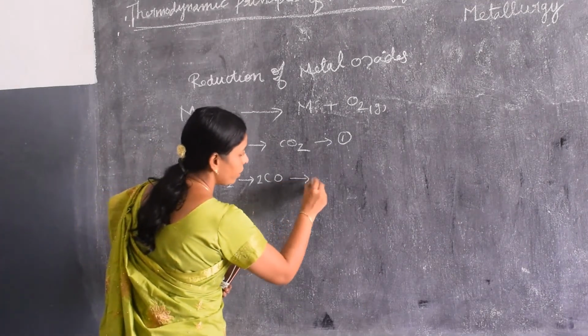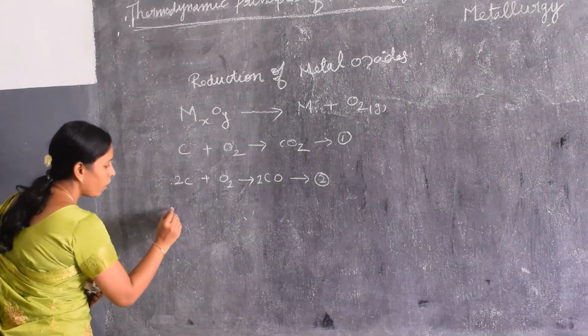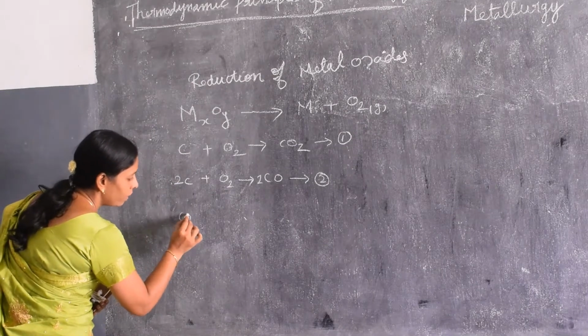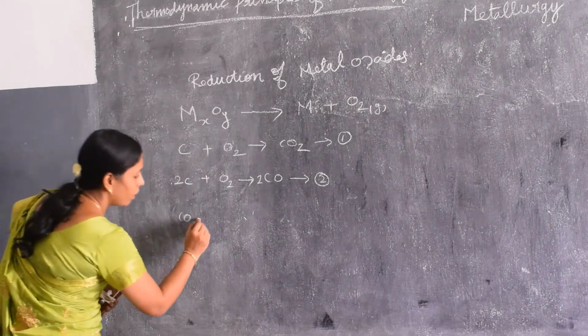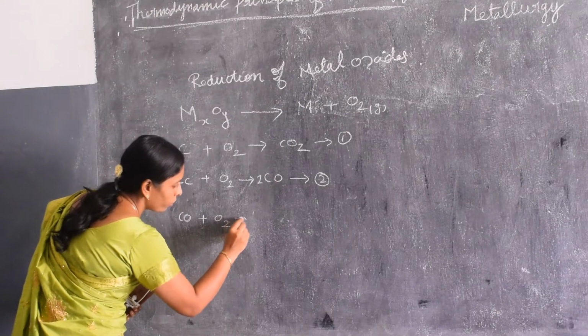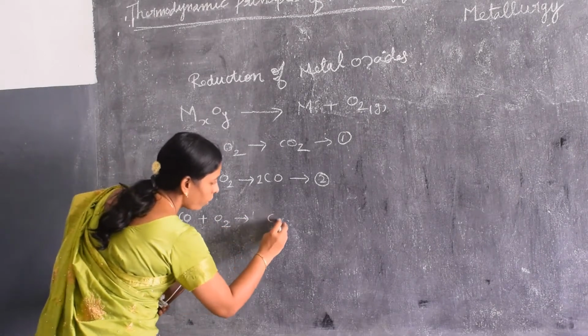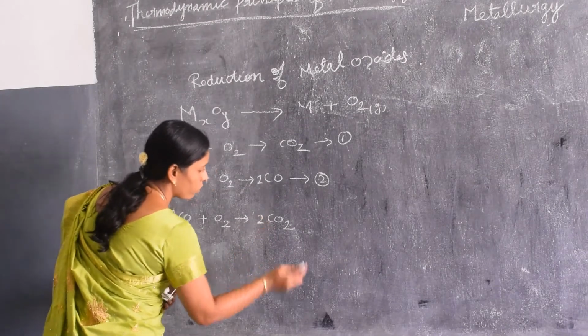This is equation 2. If carbon monoxide acts as a reducing agent for these metal oxides, the carbon monoxide gets oxidized with oxygen to form carbon dioxide: 2 moles of carbon monoxide give 2 moles of carbon dioxide.